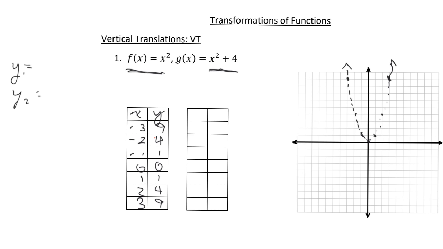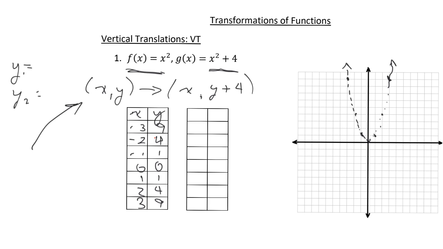And the mapping rule to describe this is: all of our (x, y) values, (x, y) maps onto (x, y + 4). So that means all of the (x, y) values possible for the base function, the x's go to x, so they stay the same, and the y's go to y plus 4, so they all have 4 added to them.